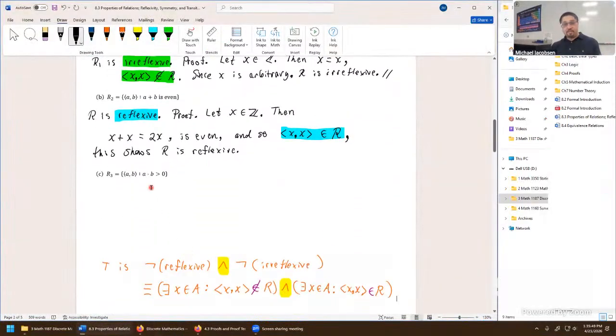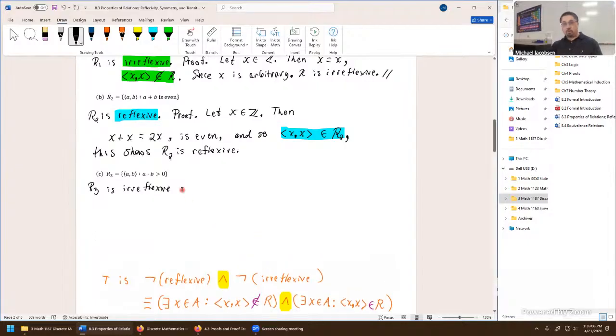We want to prove that this one is neither, so let's just make the statement. And that was R3, forgot the subscripts there. R3 is neither. So we can verify these in any order, but let's maybe start with reflexivity first. If it's irreflexive, then reflexivity's got to fail some way.